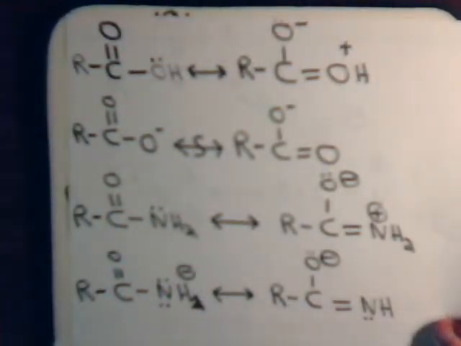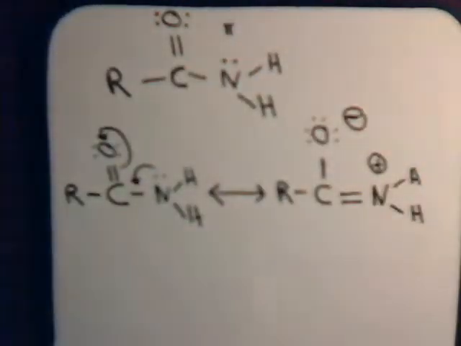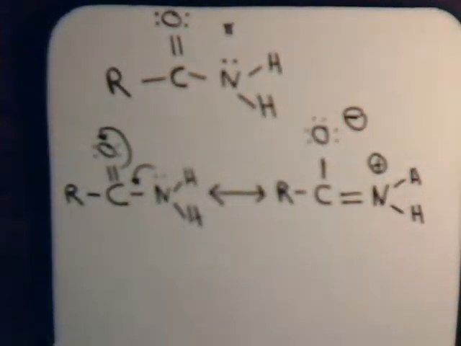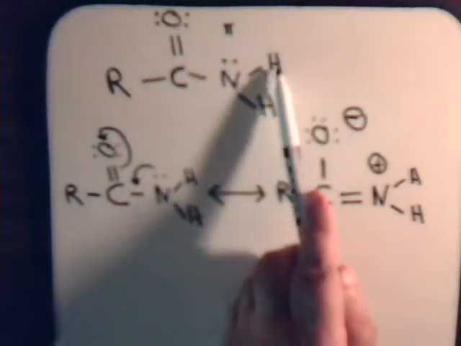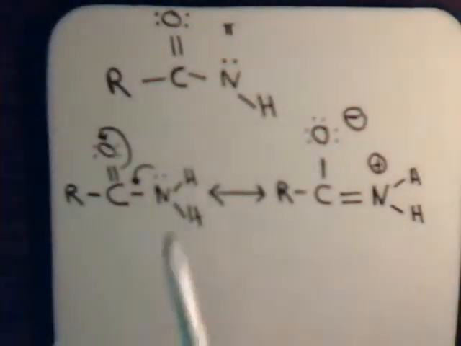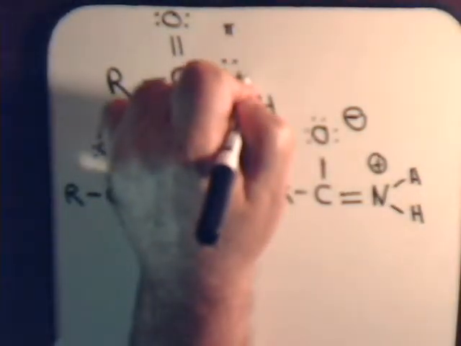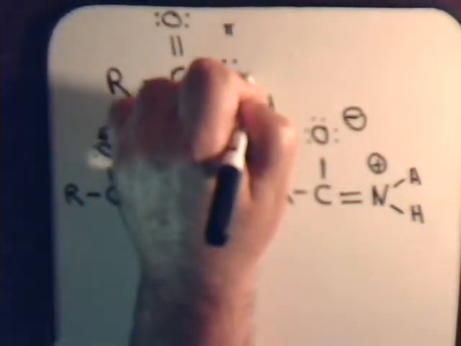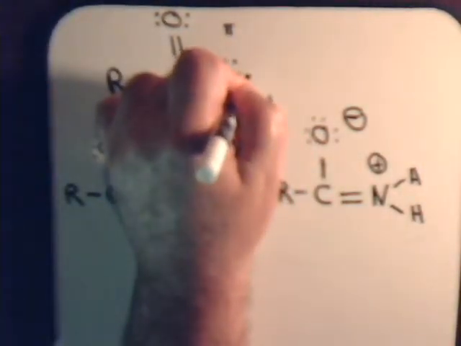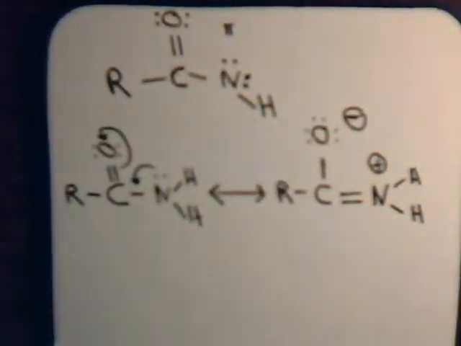Let's examine here then, realizing that we have not too bad of a resonance system here, but let's ask the question, what happens if this loses a proton? So that here then, where we had a bond, now we have an electron pair.